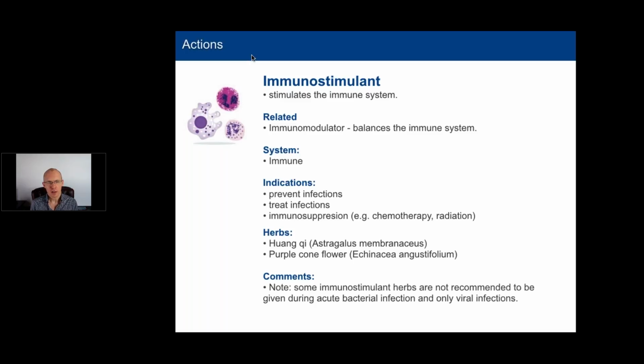But in addition, depending on the type of immunostimulant, a lot of these could be used to boost natural killer cells, which also can have a positive effect on fighting off cancer and stimulating the body to fight cancer. Okay?